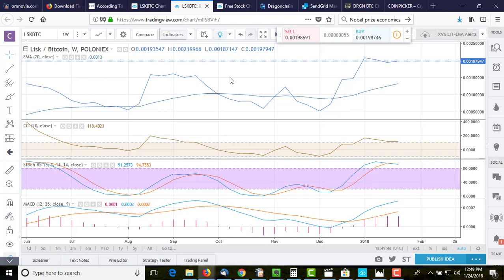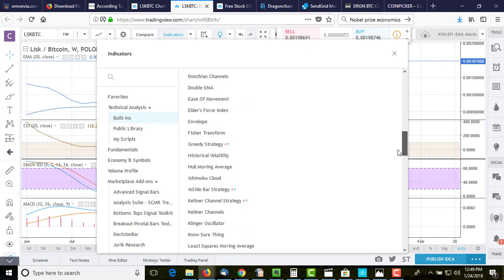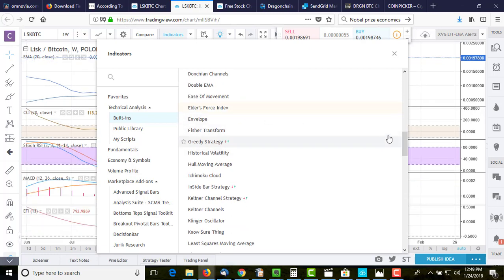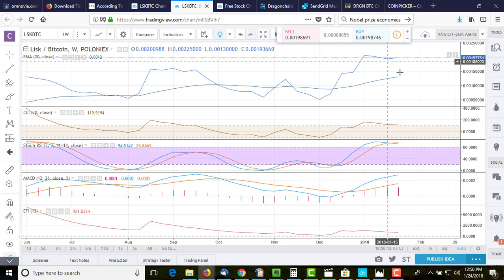I'm going to get one of my favorite indicators here that will give us a great idea of what's really going on. Okay, EFI. Yeah, it's fairly well what I've said. I don't see Lisk making any big moves either up or down, but down is the more likely scenario. I mean, look at the EMA. It's dramatically overextended on the EMA. So the likely scenario is down in the near term, and this is on a 1 week basis, so that could be an extensive down period.